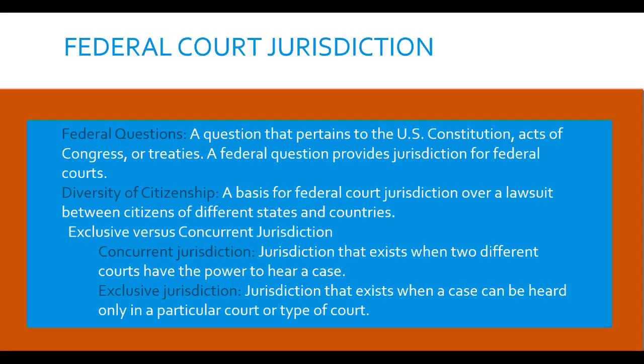Federal courts have exclusive jurisdiction in cases involving federal crimes, bankruptcy, patents, and copyrights, in suits against the United States, and in some areas of admiralty law. States have exclusive jurisdiction in certain subject matters also, such as divorce and adoptions.